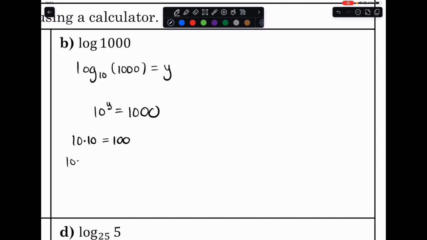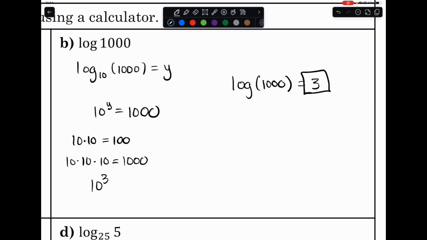So if I multiply one more 10, that would multiply 100 by one more 10, which would be 1,000. So I need to multiply three 10's to get 1,000. So that's 10 to the 3rd power. So that means that this value of y is equal to 3. So the common log of 1,000 equals 3. So this is your answer.